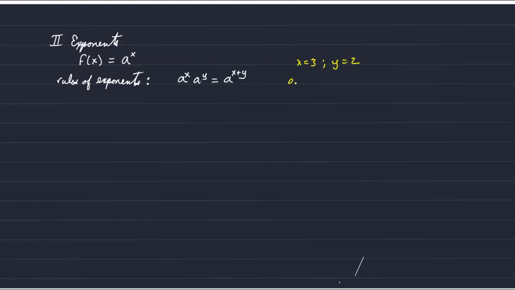So we're first multiplying a by itself 3 times, right? That's a to the 3 power. And then we're multiplying that by a multiplied by itself twice. And you can see that the solution is obvious, right? It's a to the 5th power, a to the x plus y power.